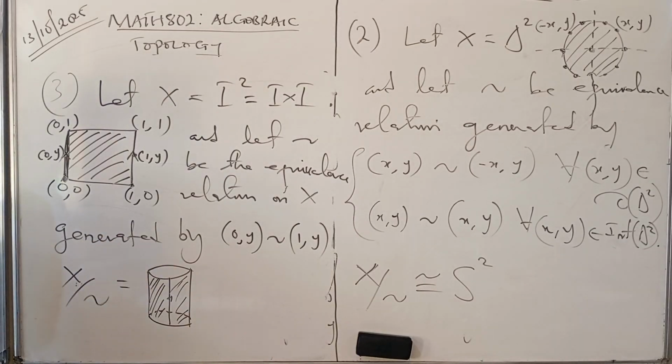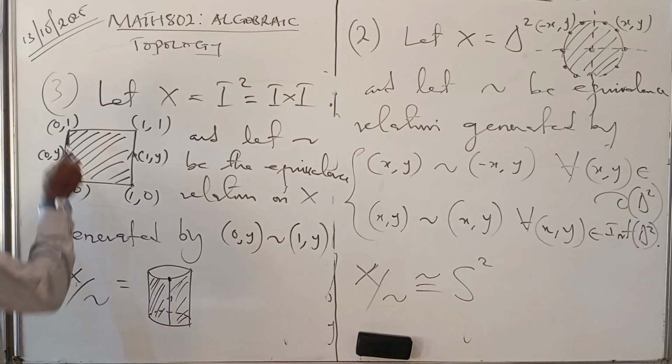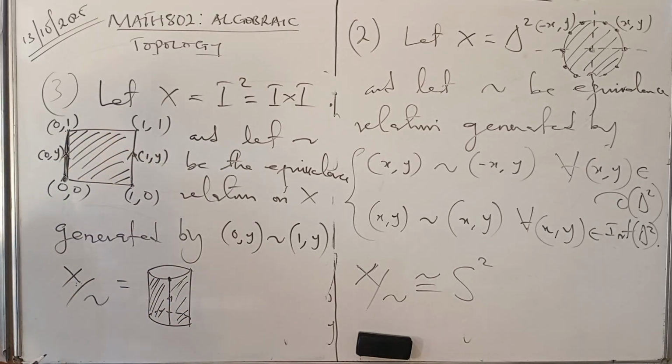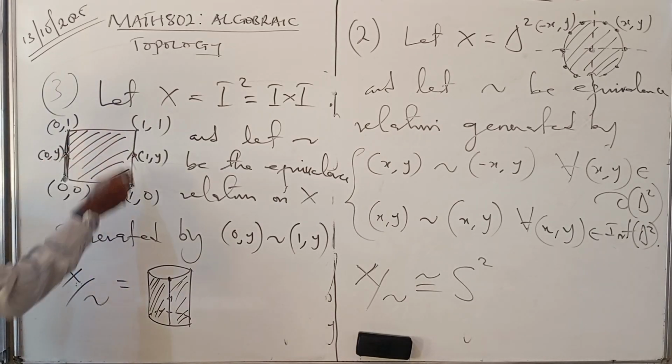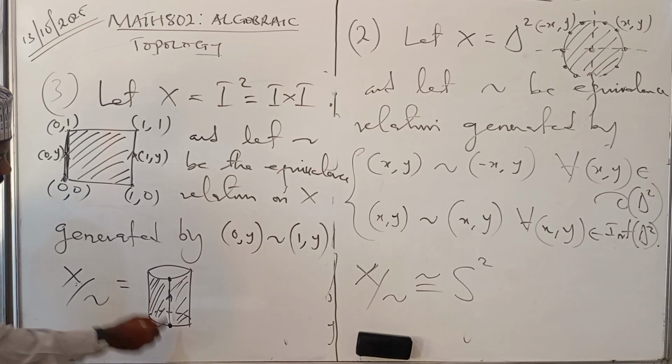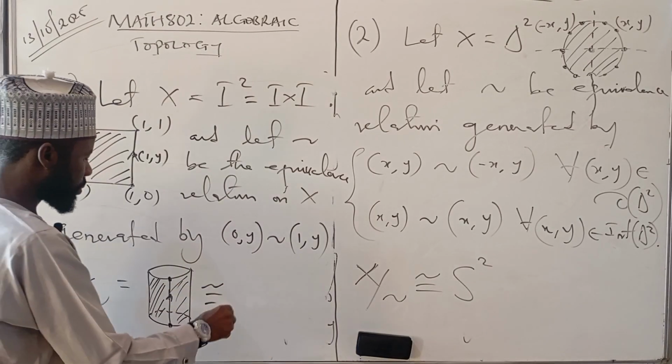So this point is now this point and this point merged together, so they are one point. But every other point in the surface remains the same. And (0, 0) and (1, 0) are merged together over here. Then you have a resulting space. And this space is homeomorphic to what?